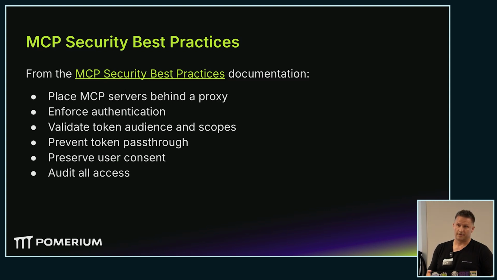You need to enforce the authentication. You always need to be validating the token, the audience and scopes, in terms of OAuth. You want to prevent something like token passthrough, and you want to preserve the user consent. Do they actually want to do this thing? And you want to audit everything.